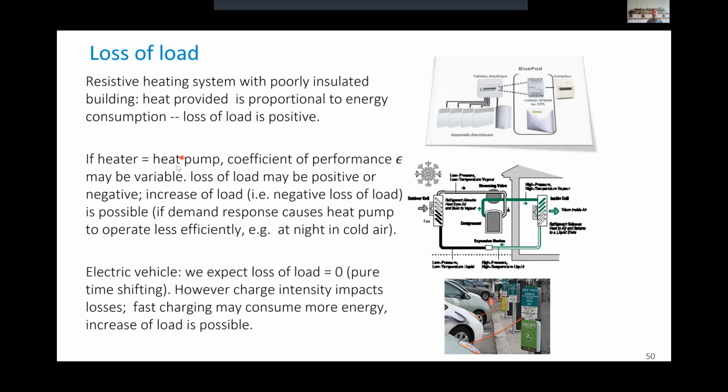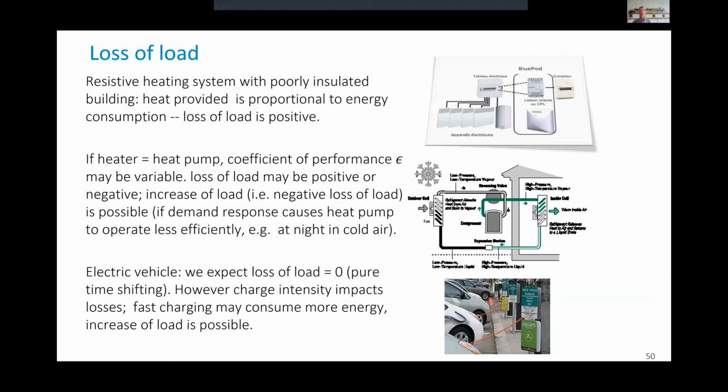In particular, if you don't have a purely resistive system but a heat pump. So this is why the statistics about them are less well known, and I would be curious to know what happens. If you have a heat pump, you have a nonlinear system. The coefficient of performance, or of efficiency, depends on many things. It depends in particular on the outside temperature.